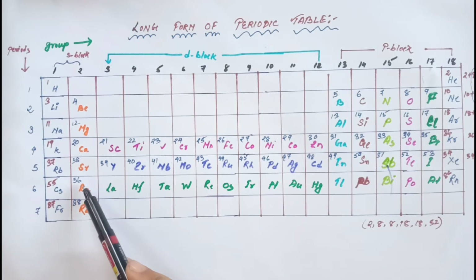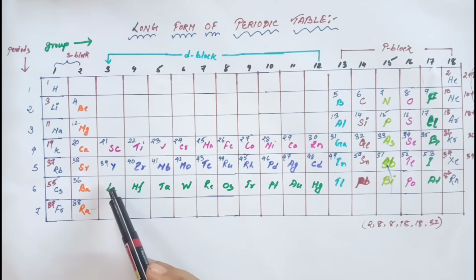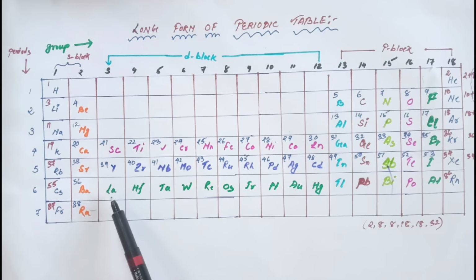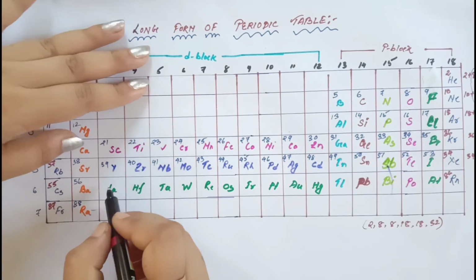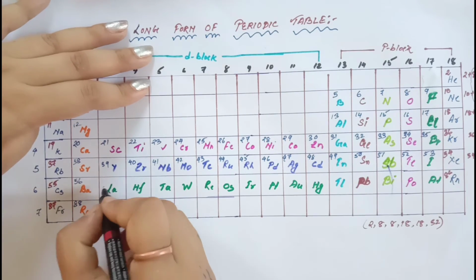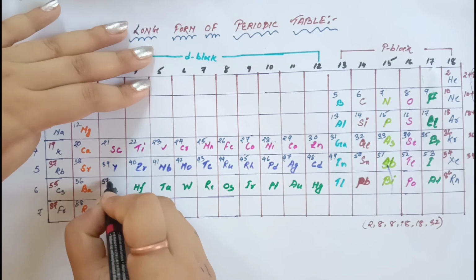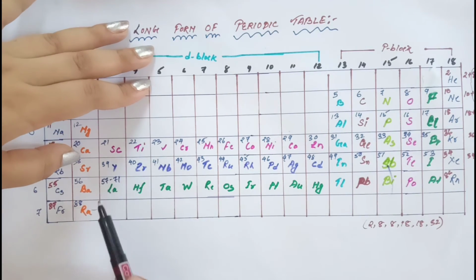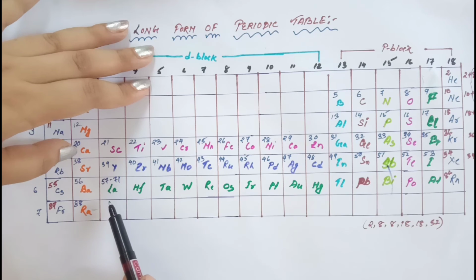But after the atomic number 56, another element, that is lanthanum, will start, and here it contains 14 elements. That is, here atomic number 57 to 71, all the elements are known as lanthanoids.